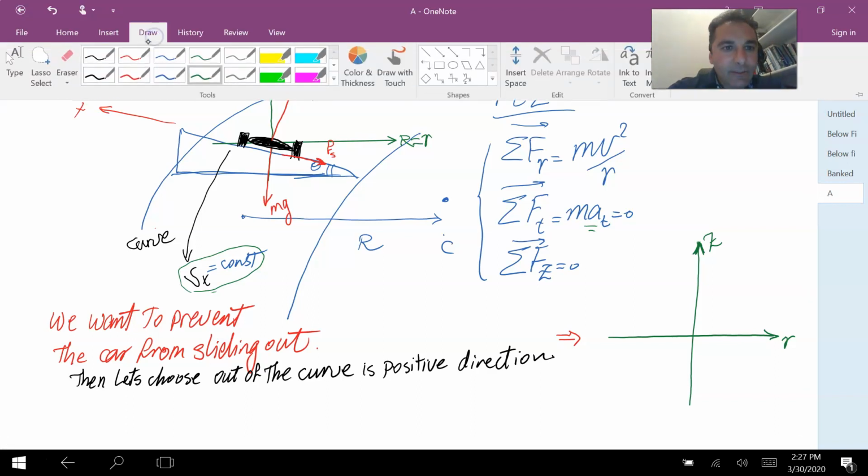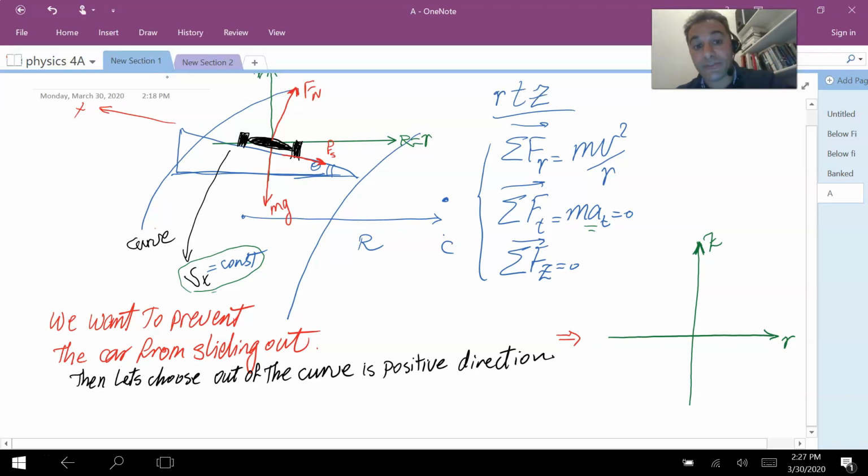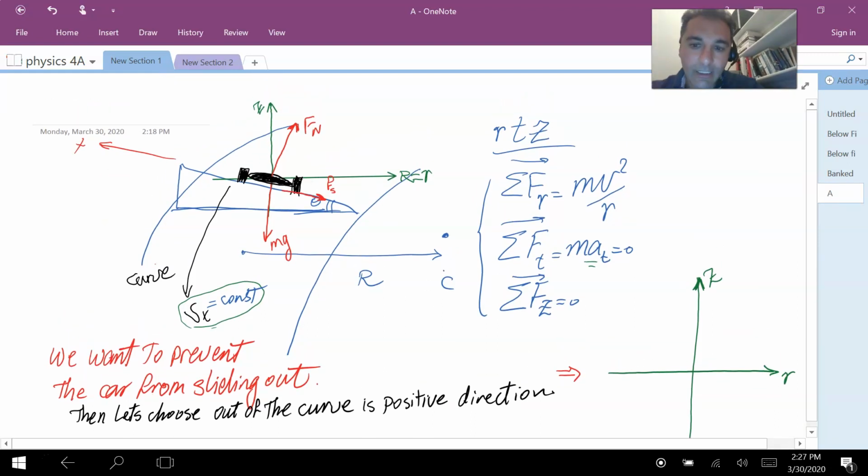Now let's draw the forces, very important. On z-axis here I have mg, correct, this one. Then here I have Fn, correct.